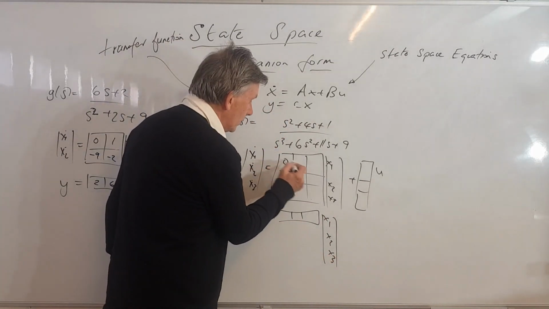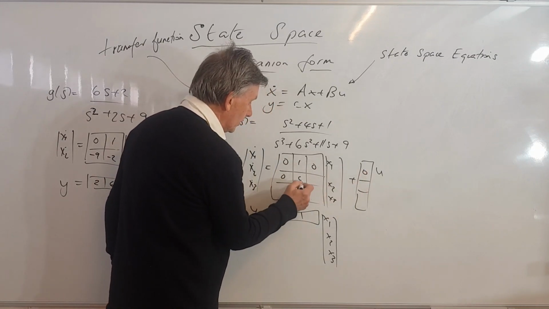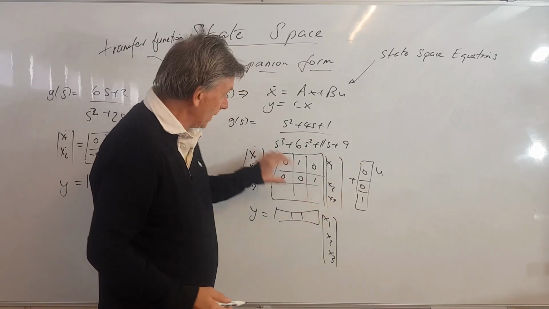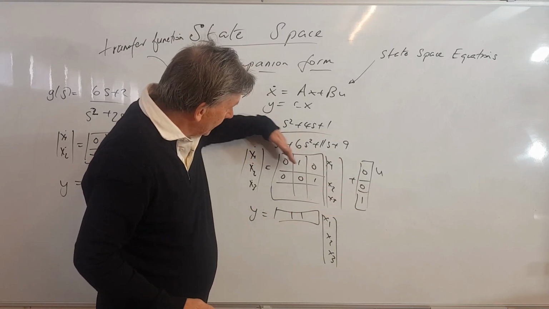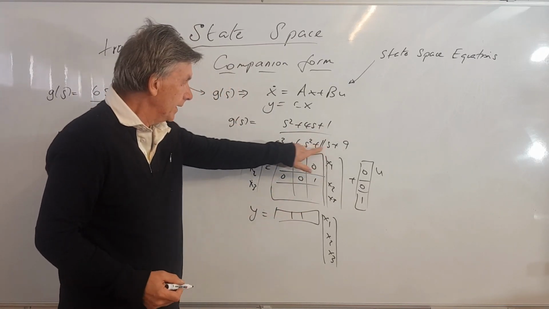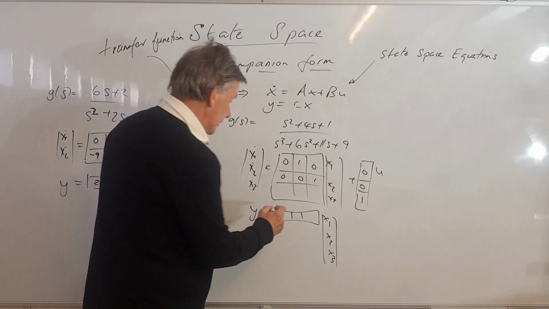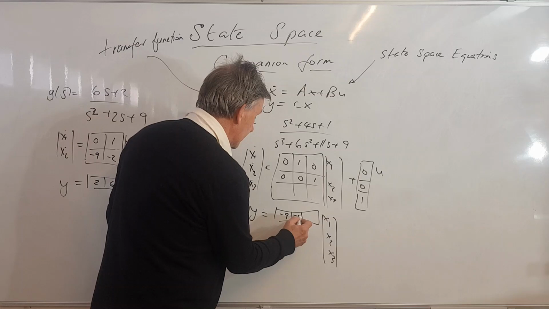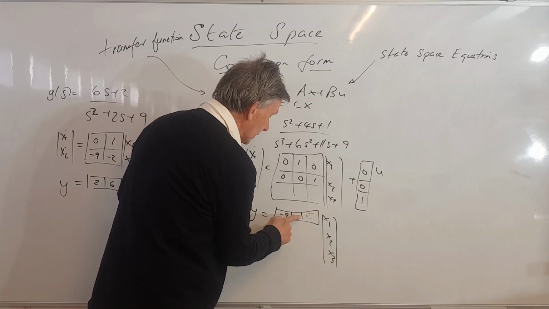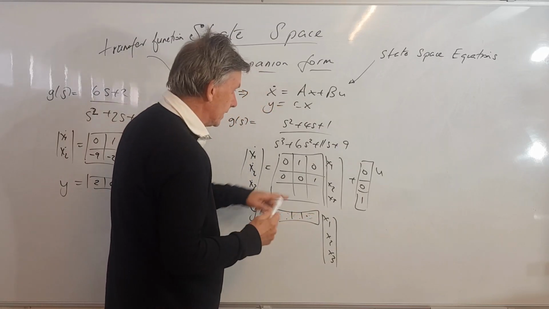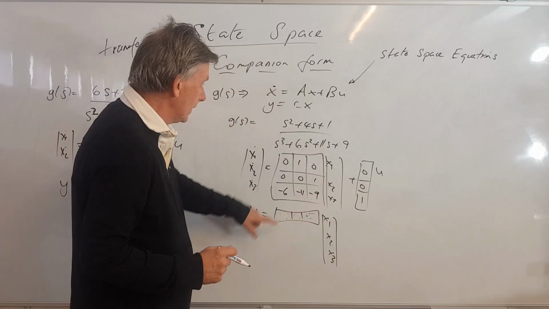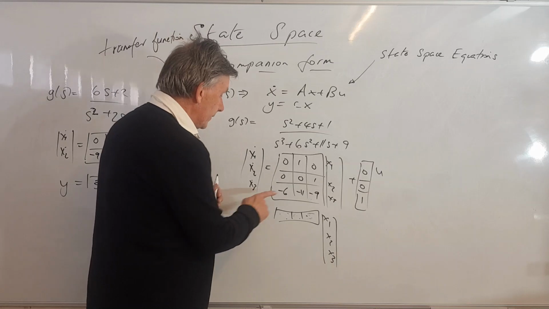It's a similar technique to before. We fill the matrix with 0s, with a 1 off the main diagonal, and 1s at the bottom. Then these numbers go in reverse order with negative signs. Sorry, that's in the wrong box, I've done this completely wrong.